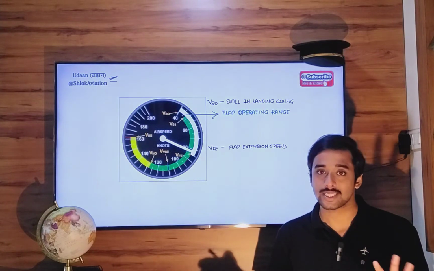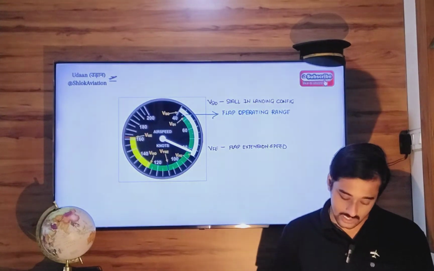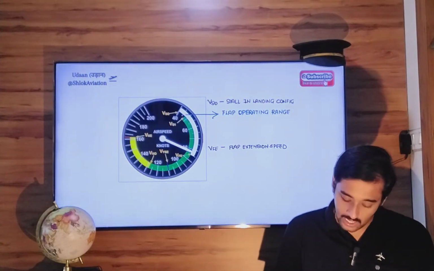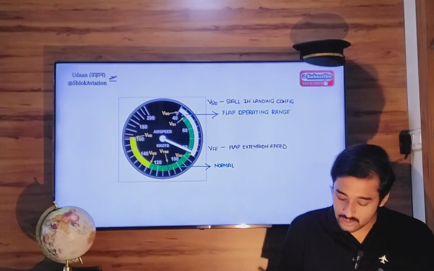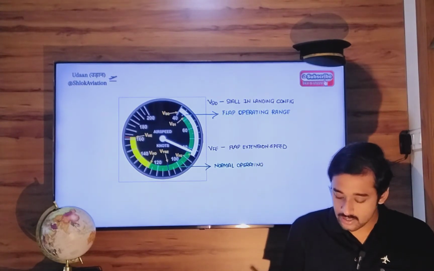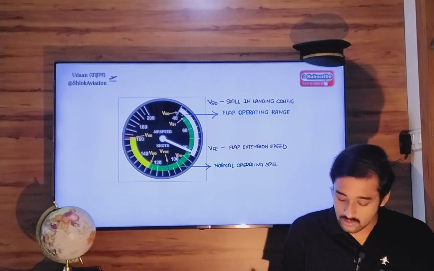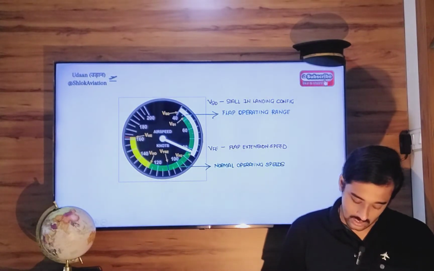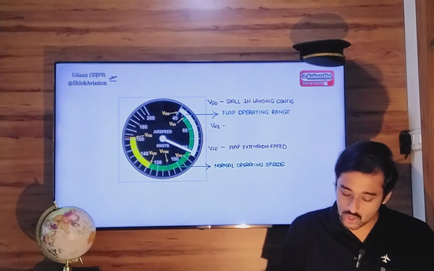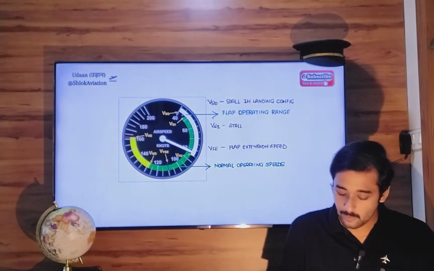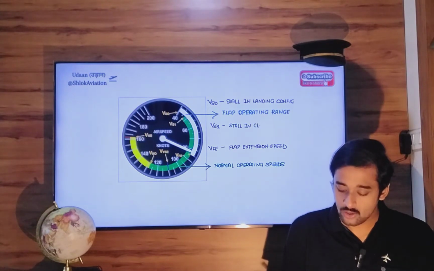Next, the green arc. This green arc is the normal operating speeds. So what is VS1 here? It's the stall speed of your aircraft in clean configuration.